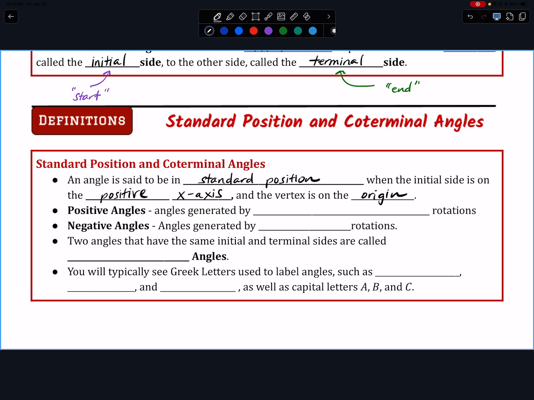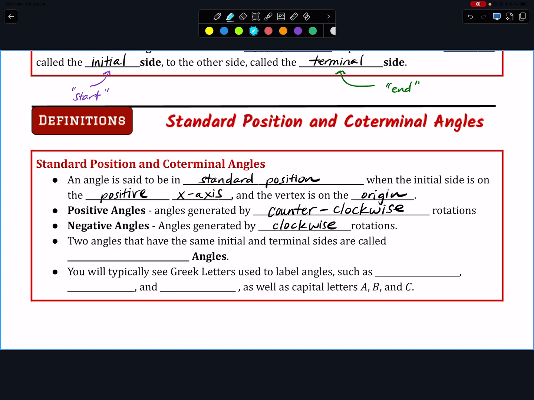Positive angles are angles generated by, and this should sound familiar from last year, counterclockwise rotations. Which means that negative angles are angles generated by the other way, clockwise rotations.